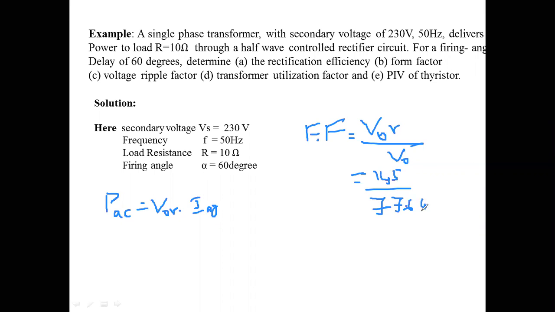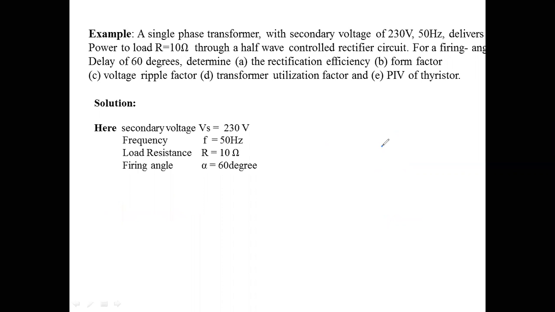This is nothing but the form factor, 1.879. We are getting 1.879. And the voltage ripple factor.